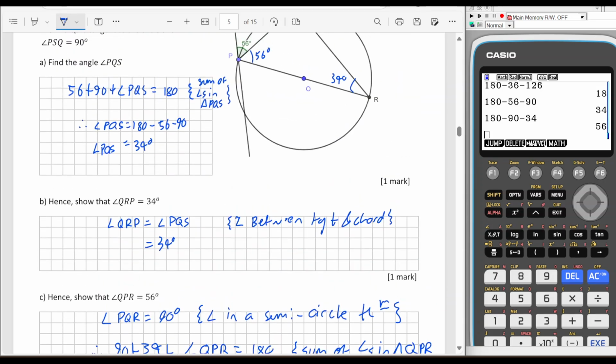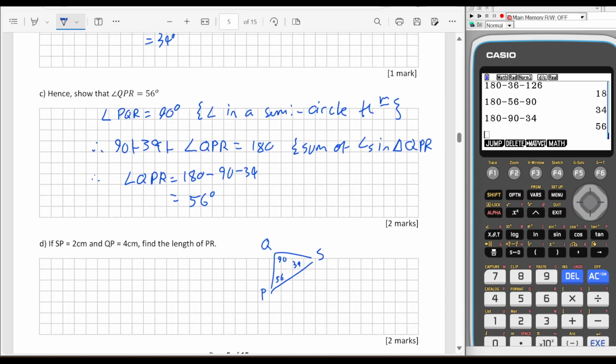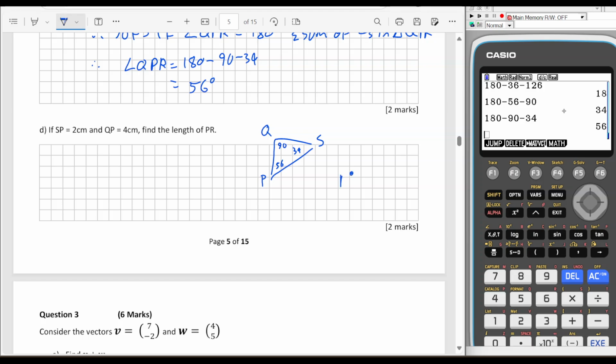I'm going to draw this other triangle, PRQ. Guess what? Exactly the same angles. 90, 56, and 34. Therefore, they are similar triangles.